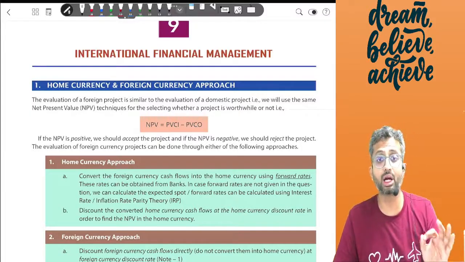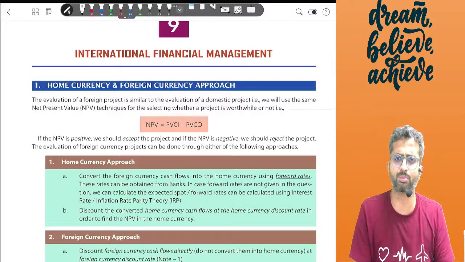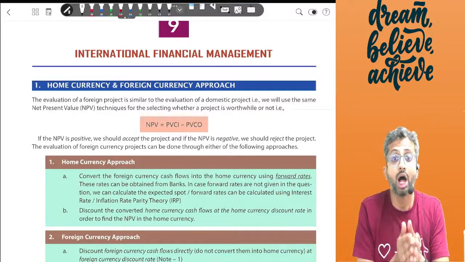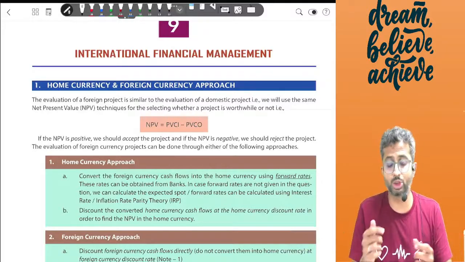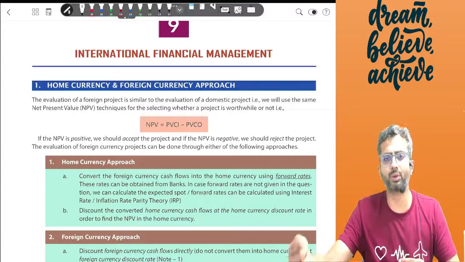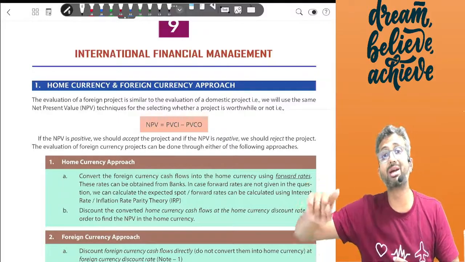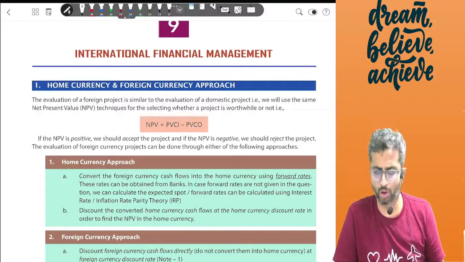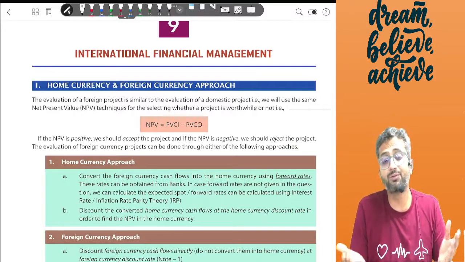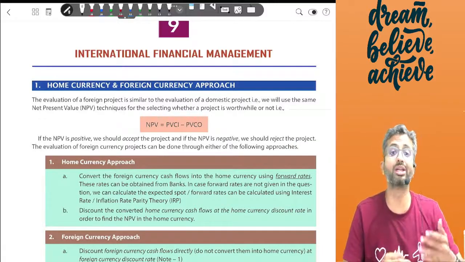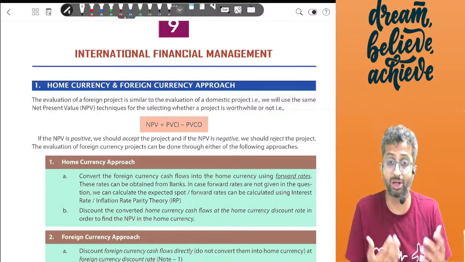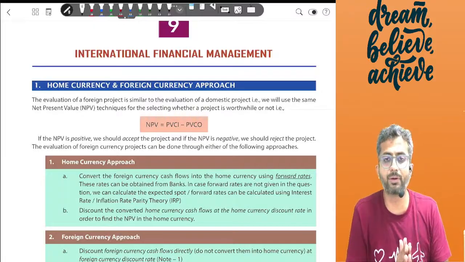Well, we typically convert it at the forward rate, because if there's a project which you are receiving $100 in the first year, $200 in the third year, $400 in the fourth year, and so on, these are cash flows received at a future date. You will convert them at the rate prevailing at that date, and hence these will be converted at the forward rates. However, if forward rates are not given in the question, you can use international parity theories like interest or inflation rate parity theory and derive the exchange rate.